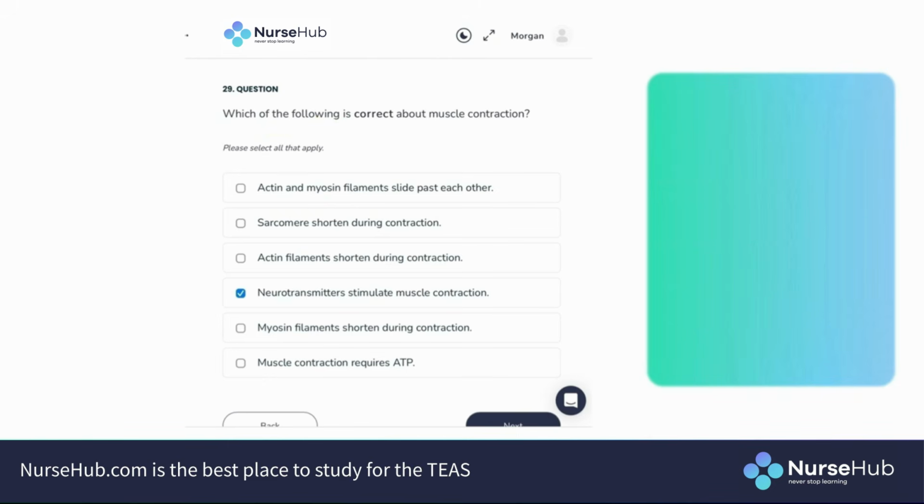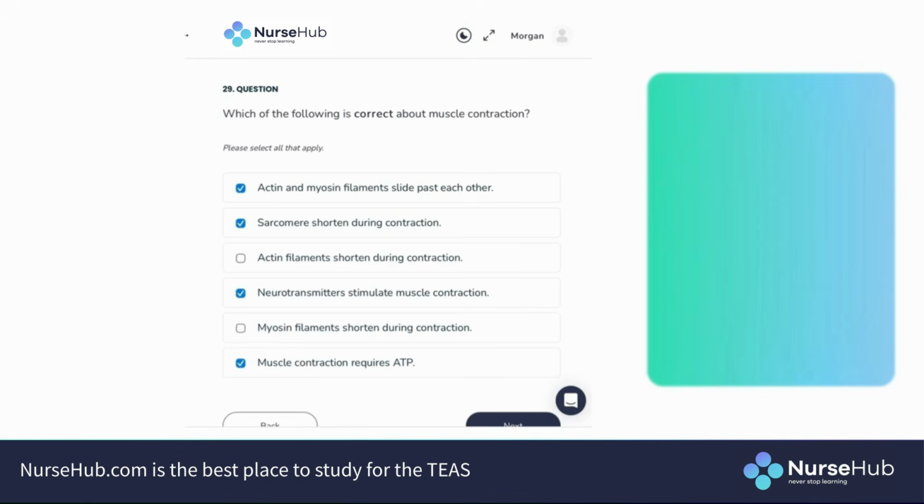The process of contraction then involves the shortening of sarcomeres by the sliding of actin and myosin filaments past each other as the muscle contracts. This process also requires energy, so ATP is needed. There's 3 more correct answers. So it requires ATP. We know that the actin and myosin filaments slide past one another. And we also know that the sarcomeres have to shorten.